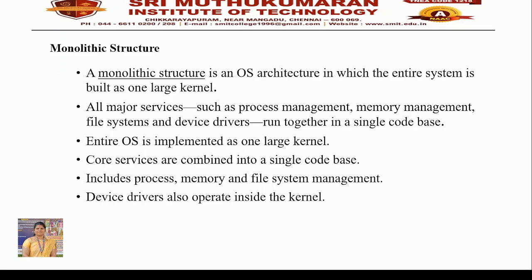All major services, such as process management, which deals with a program in execution, scheduling, memory management (allocation and deallocation), file systems (read the file, write the file, delete the files), and device drivers run together in a single code base. The entire operating system is implemented as one large kernel, including process, memory, and file system management. Device drivers also operate inside the kernel.